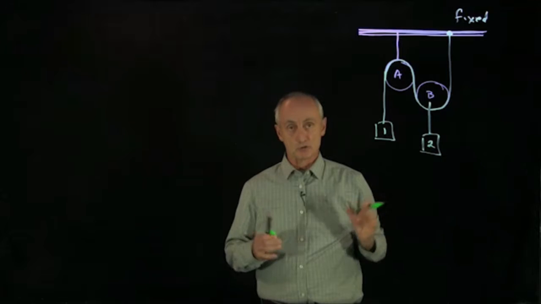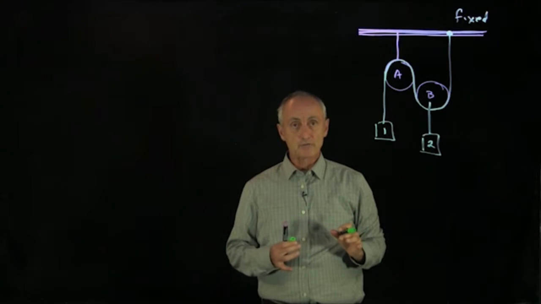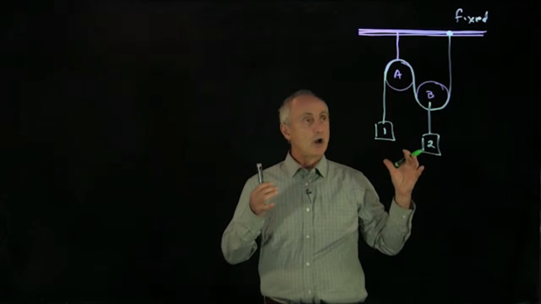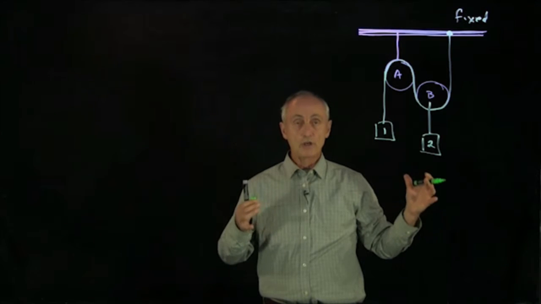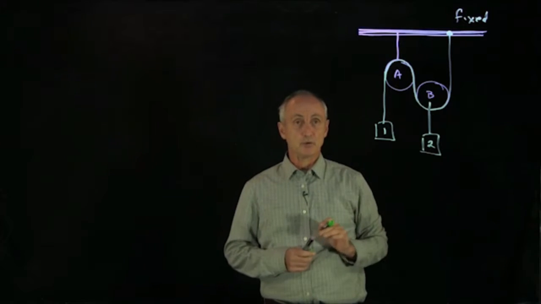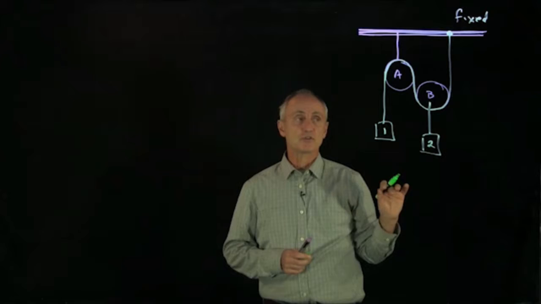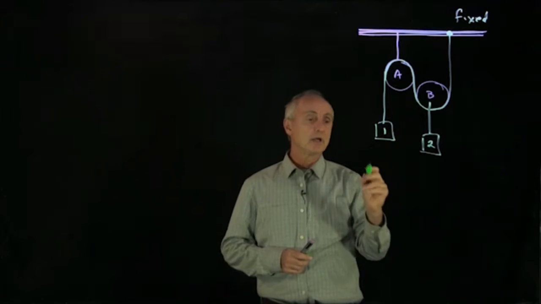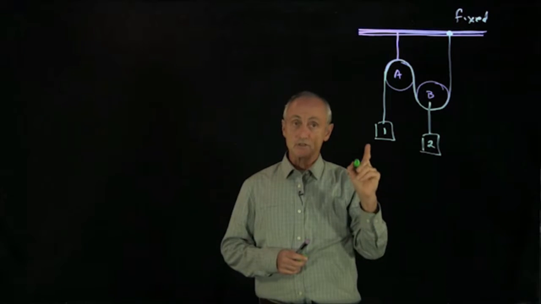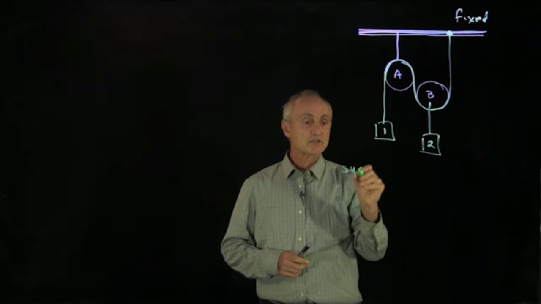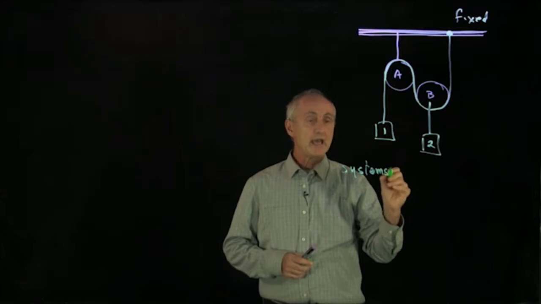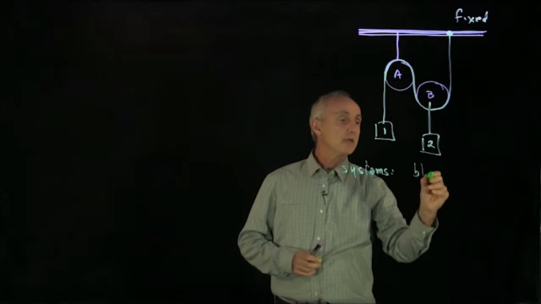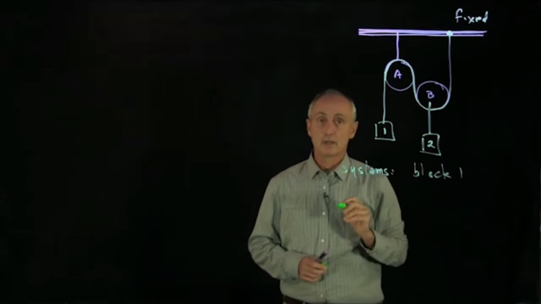Now, how do we approach this? Well, the first thing we have to do is decide, if we're going to apply Newton's second law, what is the system that we'll apply it to? And there's many different ways to choose a system. When we look at this problem, we'll have several different systems. So let's consider the ones that we're going to look at. And the first one is very simple. It will be block 1.